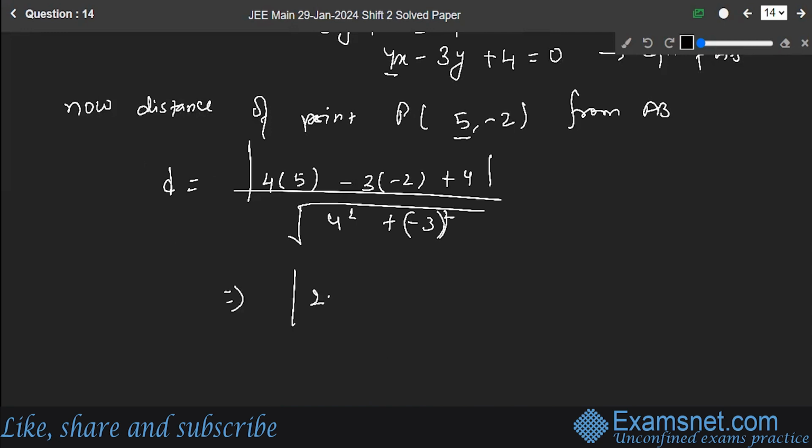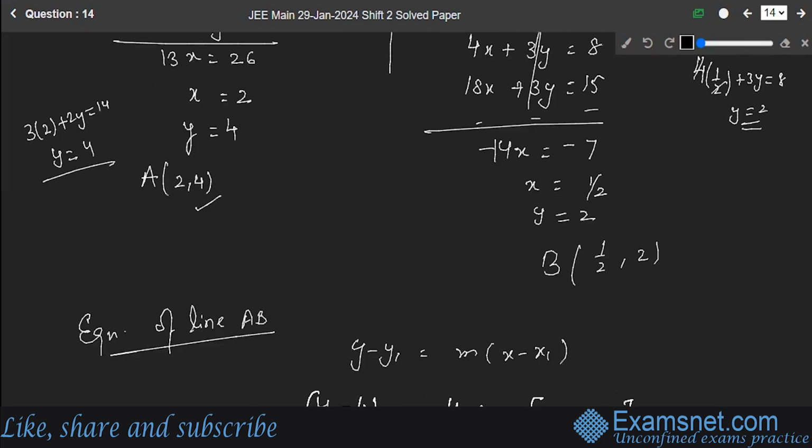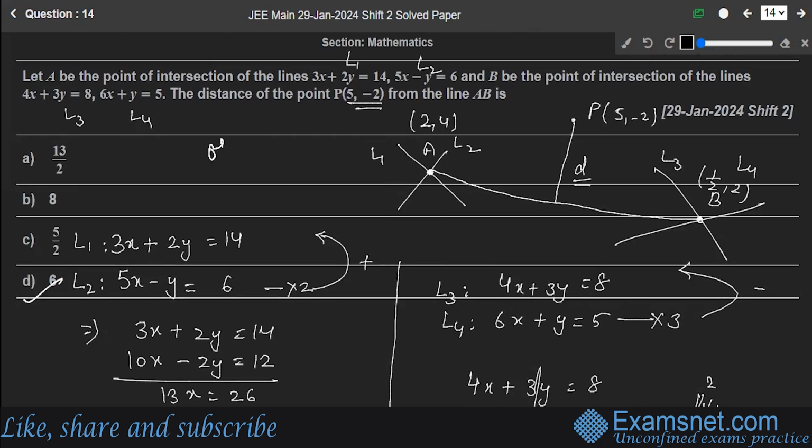This is gonna give me 30 upon root of 25, which will give me 30 upon 5, which is equal to 6. All right. You have the D option as the right answer. Hope you're clear with this.